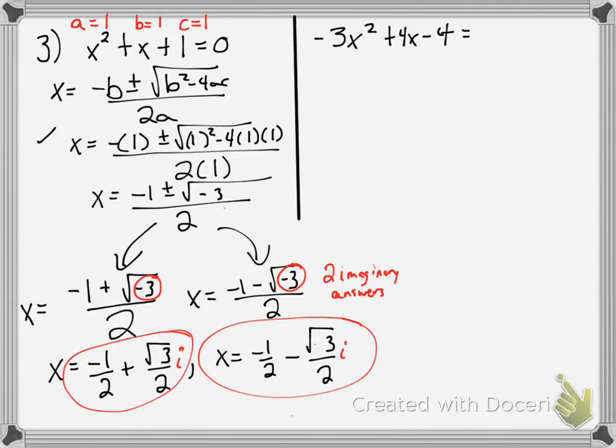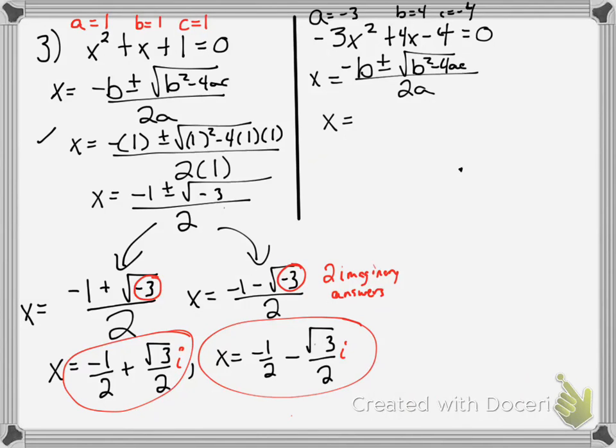So last example, we have negative 3x squared plus 4x minus 4 equals 0. And I'm going to solve this using the quadratic equation. Start by writing down my formula: negative b plus and minus the square root of b squared minus 4ac divided by 2a. So I've got a is equal to negative 3, b is equal to 4, c is equal to negative 4.